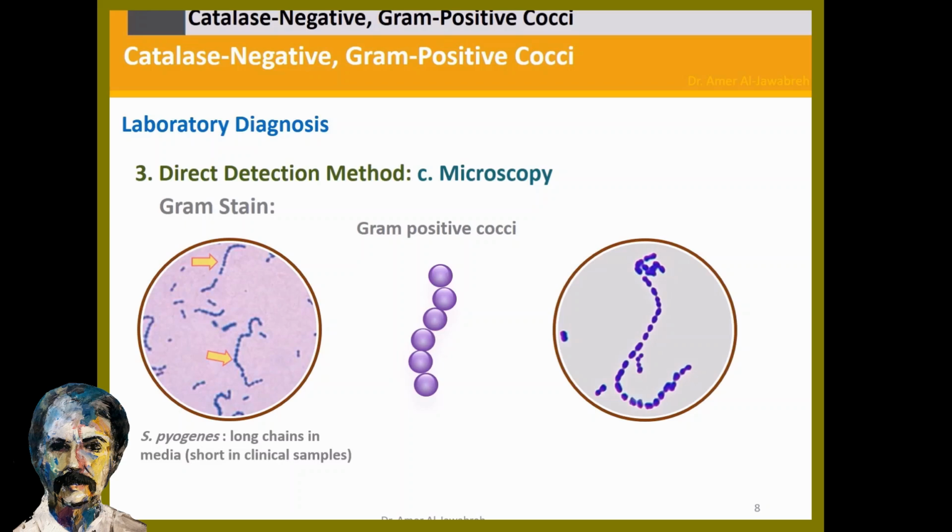Usually in clinical samples, if you make a gram stain from a clinical sample directly, we will not see this long chain. Maybe you will see like this, 2 or 3, 2 or 3. But if you want to see long chains, you have to culture it in a broth like TSB or thioglycolate, and then after this make a gram stain from the broth. Then you can see long chains like these.